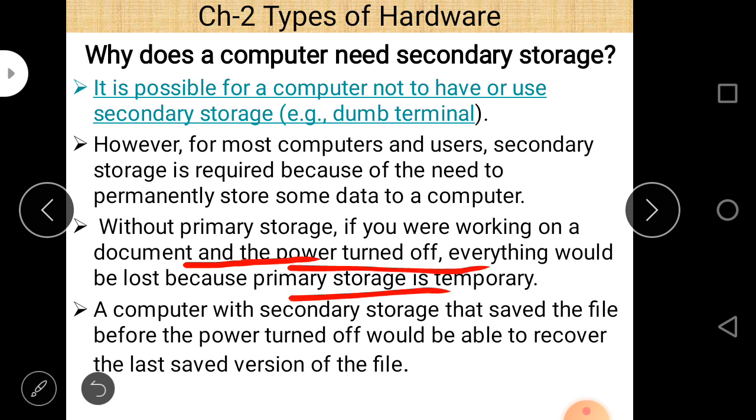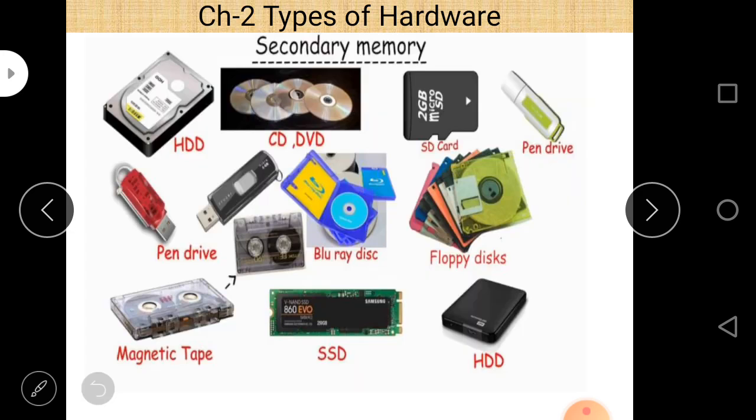These are the different types of secondary storage devices, and in this lecture we discussed CD, DVD, Blu-ray disc, hard disk, and floppy disk. In our next lecture we will discuss SD card, pen drive, and magnetic tape.